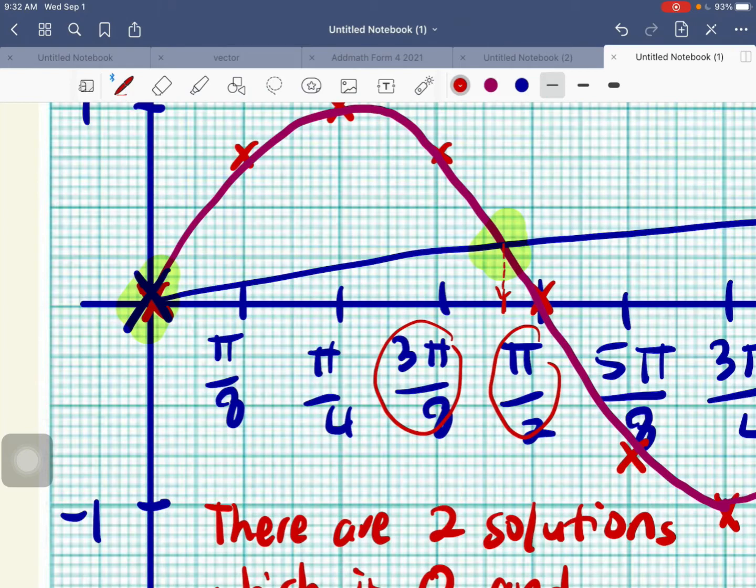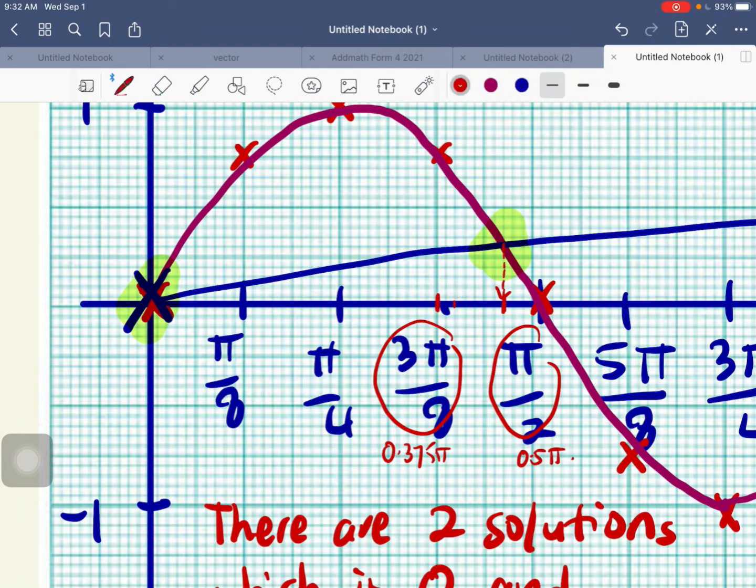So what we do is we find the value for every small box. 3 over 8 is actually 0.375 and pi over 2 is actually 0.5 pi. So the next step is to find how many small boxes carry the values.